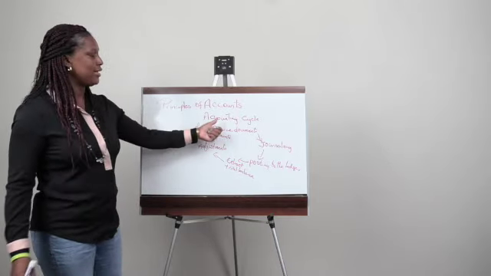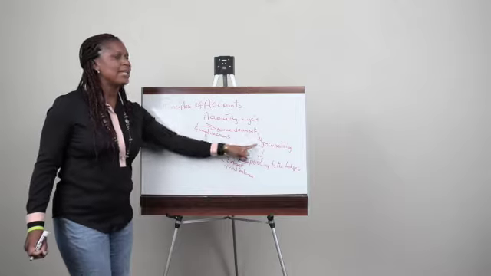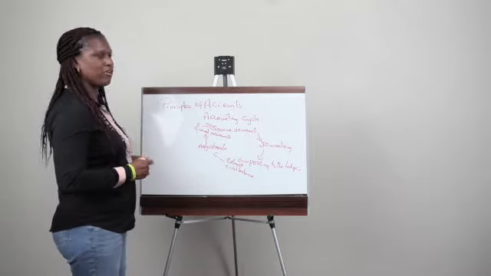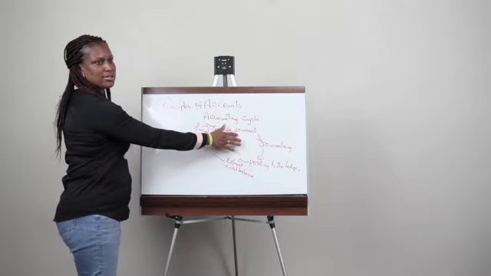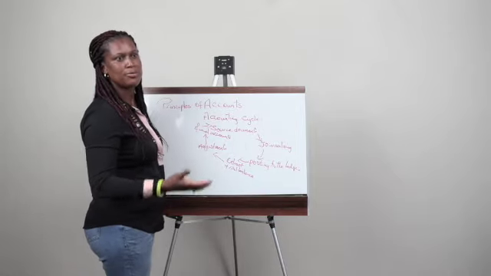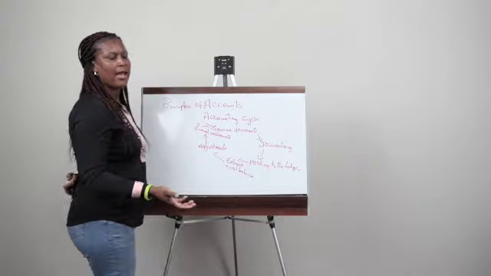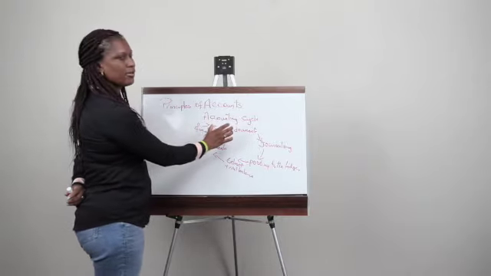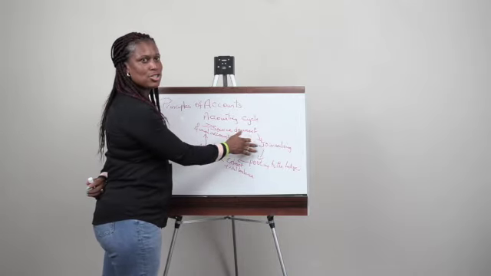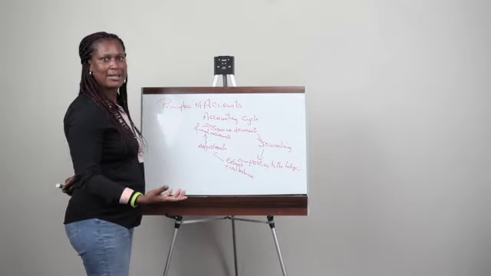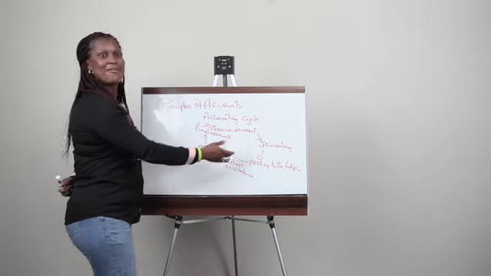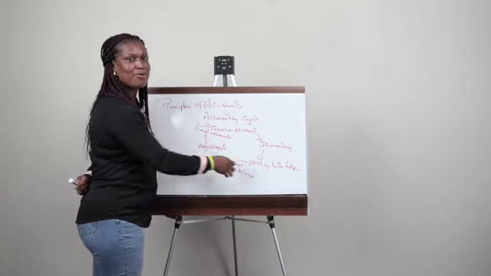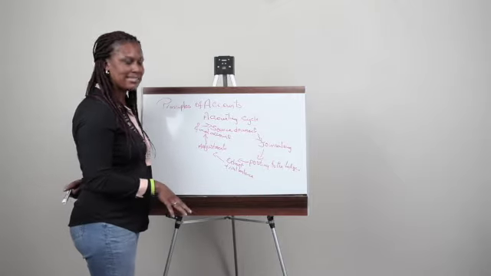Okay? So in the accounting cycle, these are the steps you take when you are recording any form of information. First of all, you must have your source documents. Your source documents would be things like your receipts, your bank statements. You're going to use those documents to put them in the journal, which is a daily recording of the information. From there, you would post to your ledger, which are records that are kept for separate items.